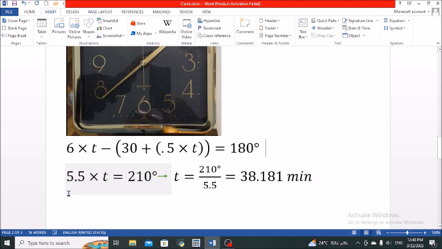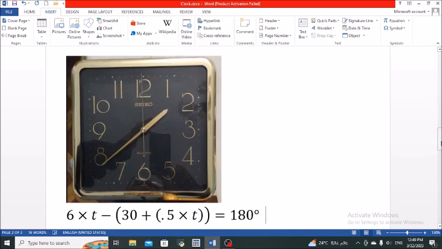By transferring the 30 to this side, we would have 210, and 6t minus 0.5t, we have 5.5t equals 210 degrees, which gives t equals 210 over 5.5, which is equal to 38.181 minutes, as you see here in this picture.